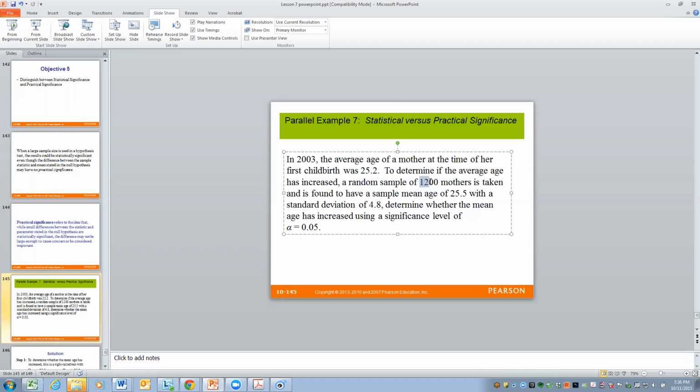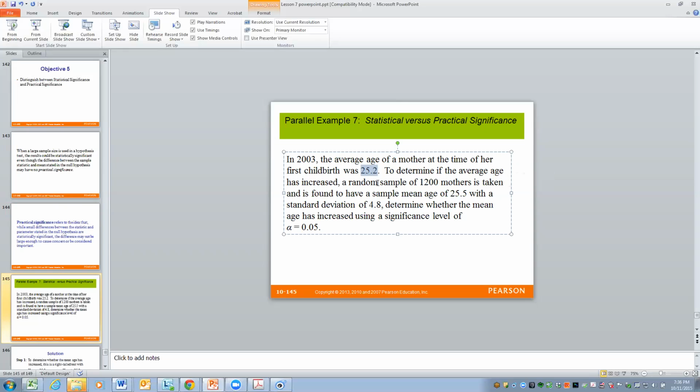Because of the very large sample that we've taken, we are almost guaranteed that any difference between our sample mean and a hypothesized mean will be statistically significant. But in reality, you're looking at 0.3 of a year, so maybe 3 to 4 months difference in the average age.